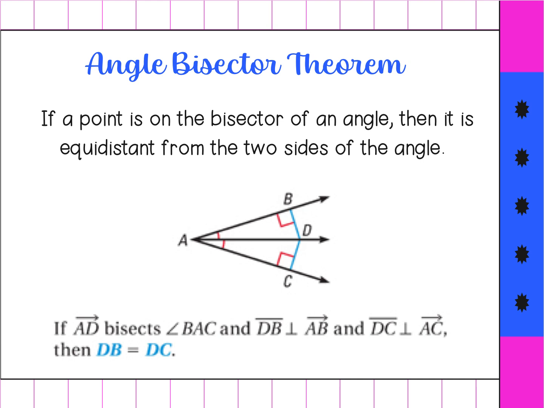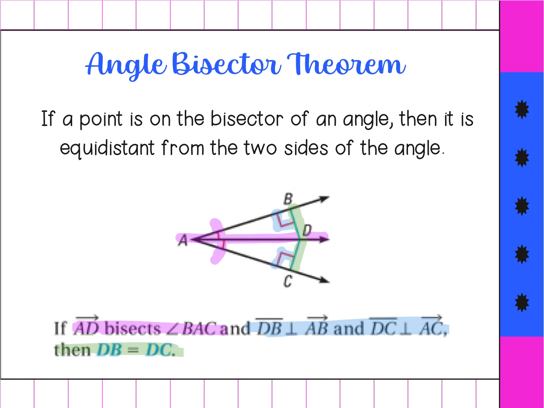Okay, so looking at the statement, this says if ray AD bisects BAC, so that's my bisecting right there, and DB is perpendicular to AB, perpendicular is right here, and DC is perpendicular to AC, then I know that my segments are going to be congruent.